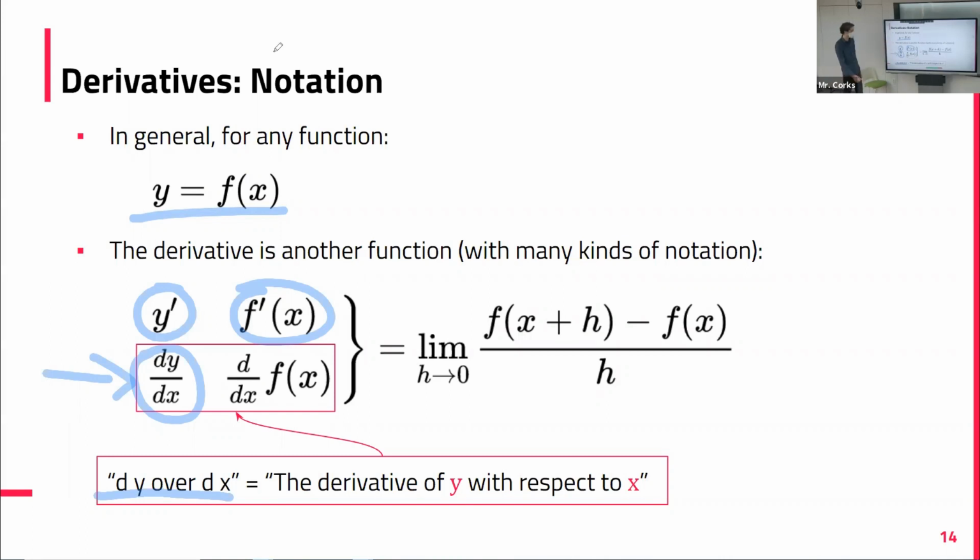So just memorize this whole thing as a little block. And same idea with f of x notation, just d over dx of f of x. Again, not a fraction. All four of those things mean the exact same thing, the derivative of whatever function.